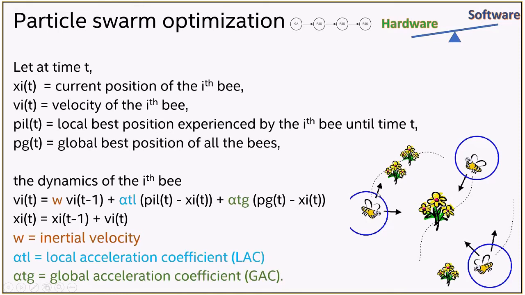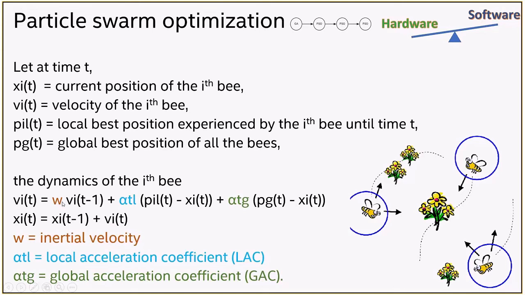In this picture you can see one bee has to cover a lot of flowers. There would be two options, whether it can go like this or like this. It has to cover every flower, so it has to find this optimal path. The dynamics would be given for every bee: how much velocity or direction it has to go.